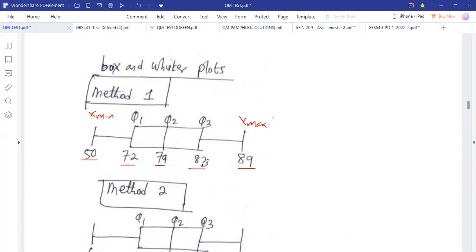So how do we find the interquartile range? We subtract the upper quartile minus the lower quartile. So 83 minus 72. We get 11. So the interquartile range is 11.